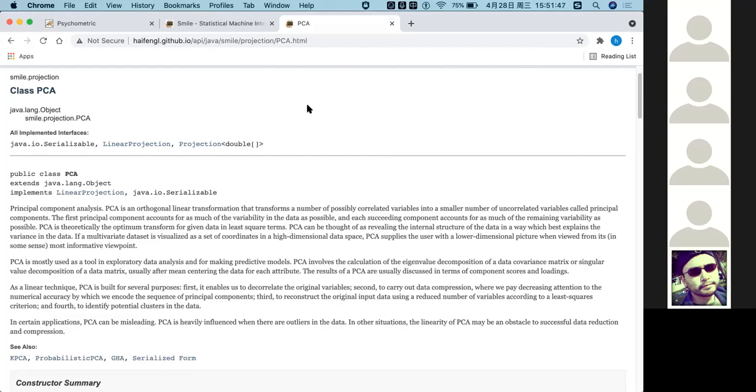Have you guys learned PCA, possibly from undergraduate study or statistics or anything like that? We have learned machine learning. No, PCA is not machine learning. Multidimensional scaling is not machine learning.